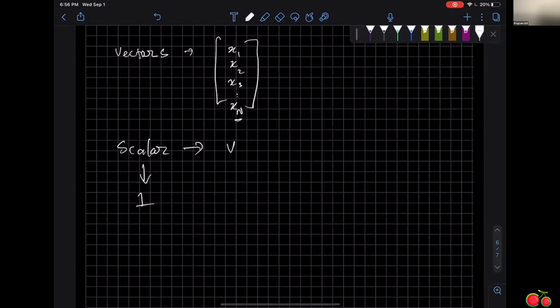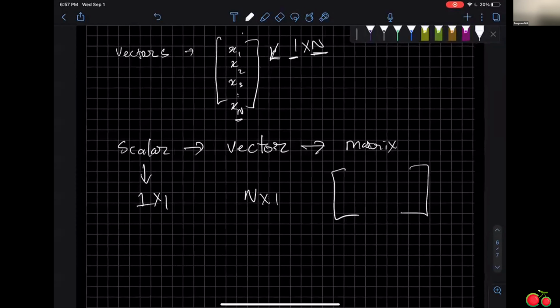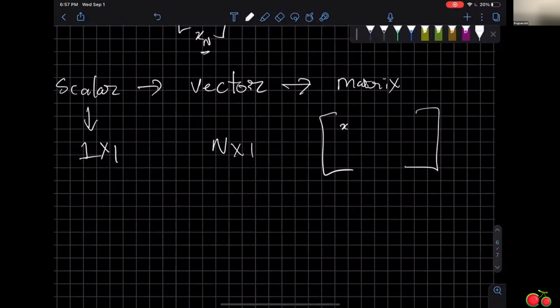A vector is a more complicated representation, an n times 1 entity, because I have n values and just one column. A matrix is essentially when you combine multiple vectors together, and what you get is a matrix.